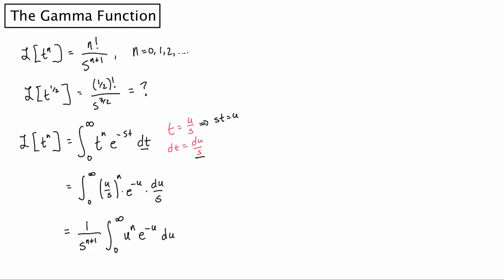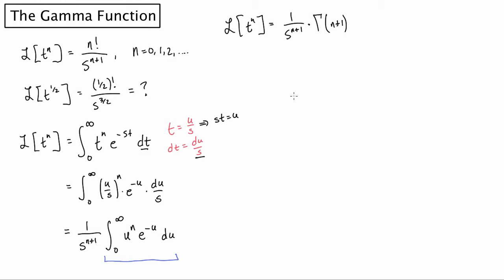And what's nice about this is out pops a very nice function called the gamma function. And so the Laplace transform of t to the n is equal to 1 over s to the n plus 1 times something called the gamma function, and it turns out to be the gamma function of n plus 1 in this case.